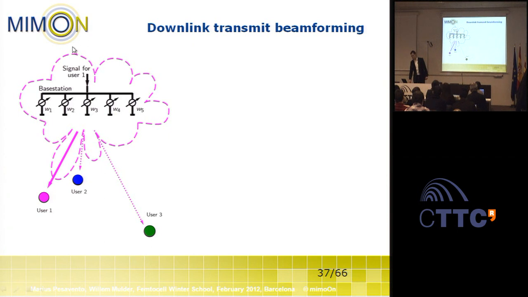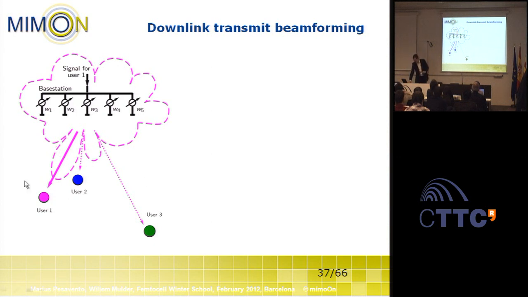For each user, I can freely design a beamformer. Basically, I take the stream for the user, and I adjust the different complex beamforming weights of the antennas to create a beam pattern that indicates the signal strength towards a particular spatial direction.